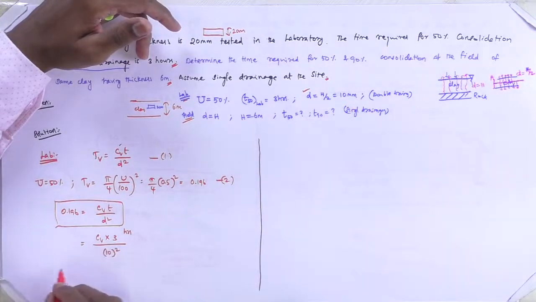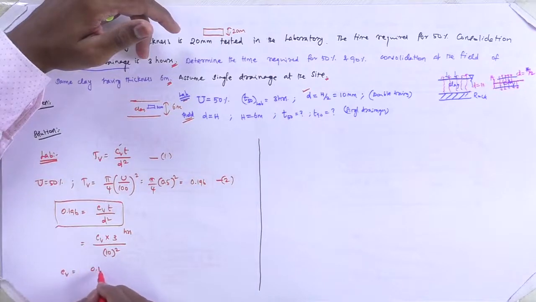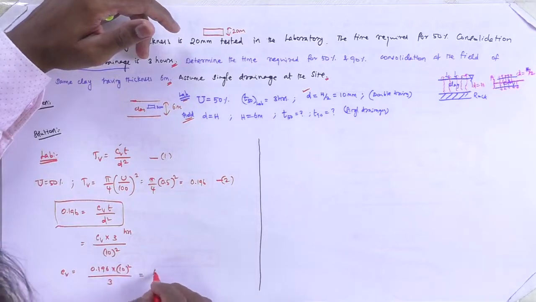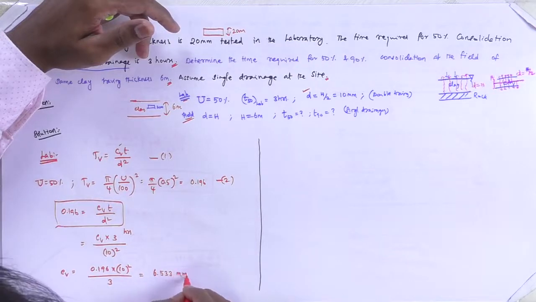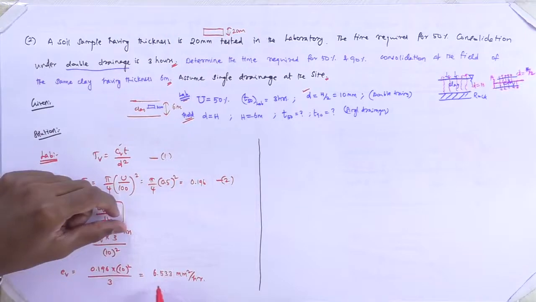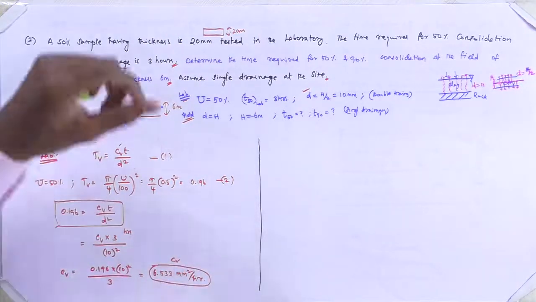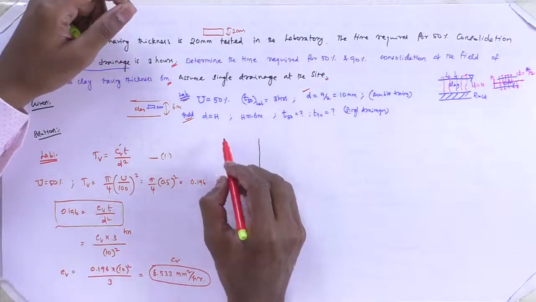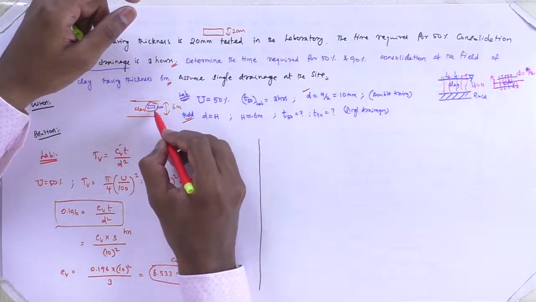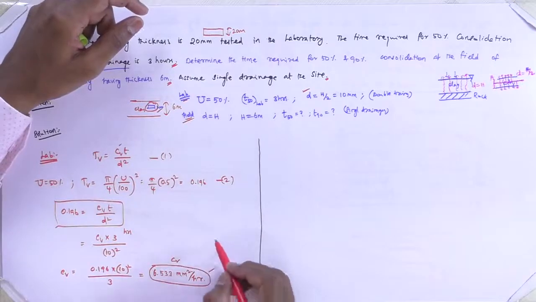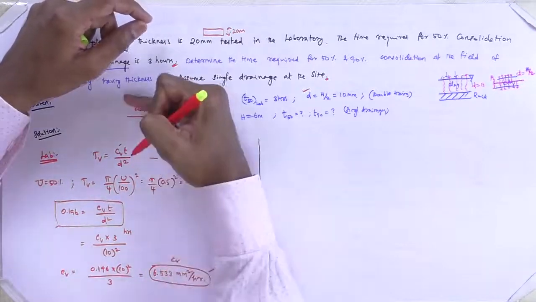So CV is 0.196 into 10 square divided by 3, we get 6.533 mm square per hour. So this is the CV value. The sample was taken at the site, and using that we found the CV value, so it is applicable to the field.